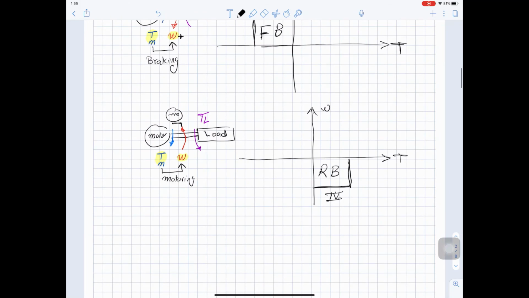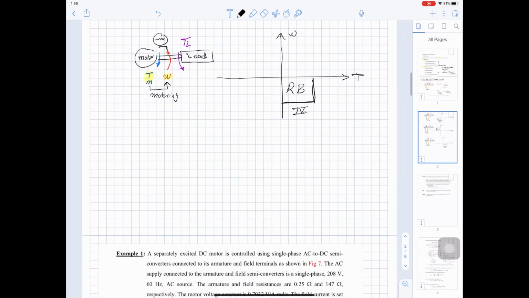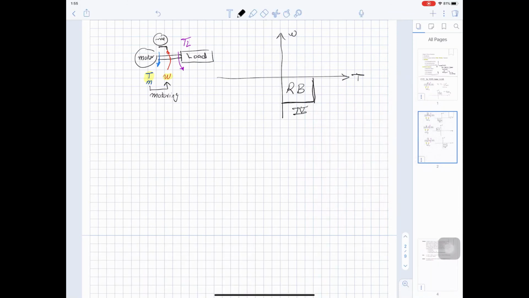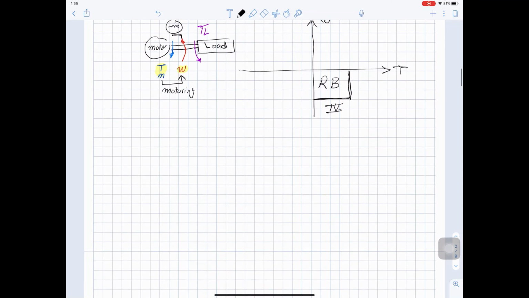The motor can be forward motoring, forward braking, reverse motoring, reverse braking. And if you can do all of these, you have a 4-quadrant operation. If you think about your car, and you can move your car forward, and you can brake it forward, now you have the first 2 quadrants: forward motoring and forward braking.